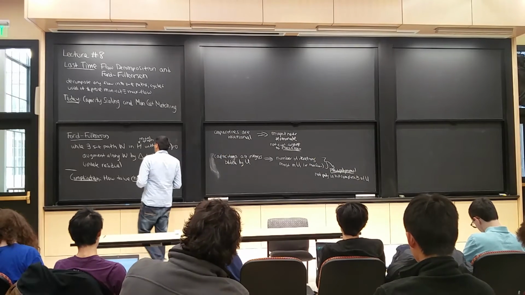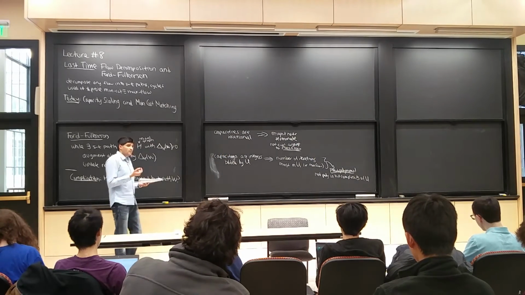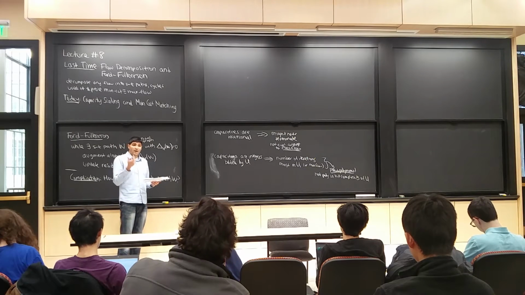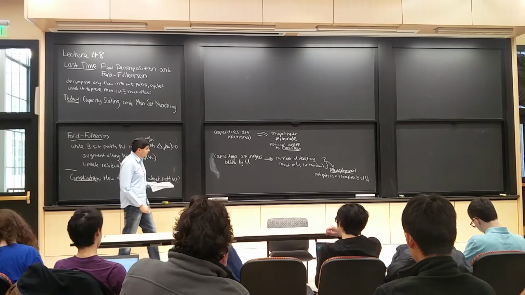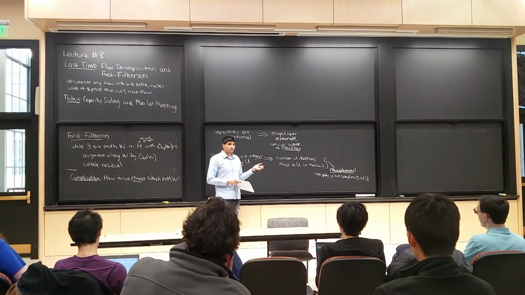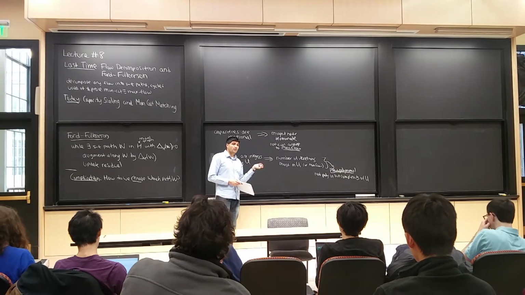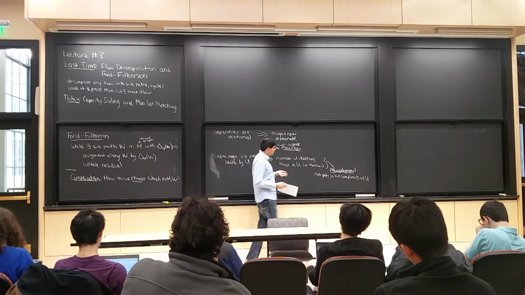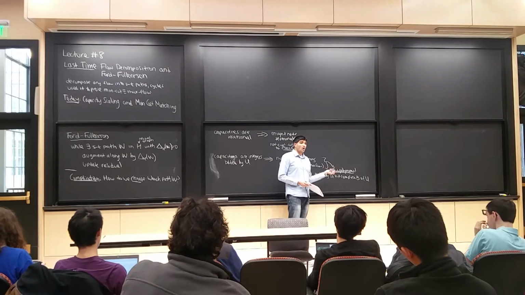Well, you certainly need n bits to talk about all of the different vertices. You need m bits to talk about all the different edges. But when you talk about all of the capacities being integers between 1 and u, what you need is not u bits, but log u bits.